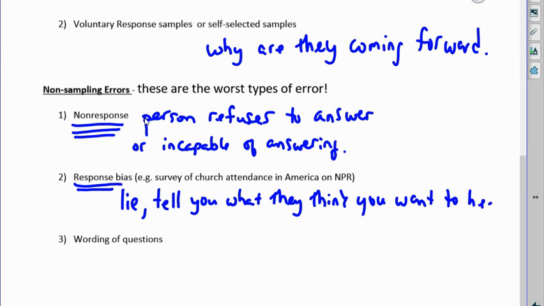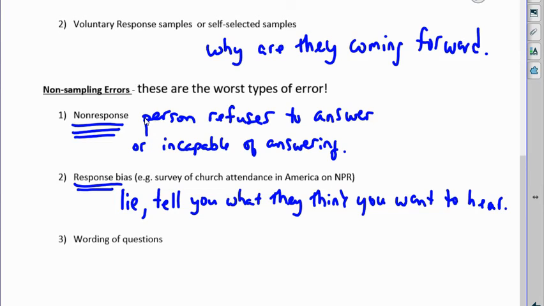For example, with NPR, there was a survey of church attendance in America, and they found that Americans would actually lie and say that they were going to church on Sundays. So they were systematically overpredicting the proportion of people who went to church on Sundays.